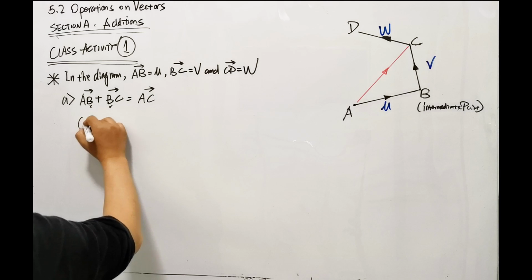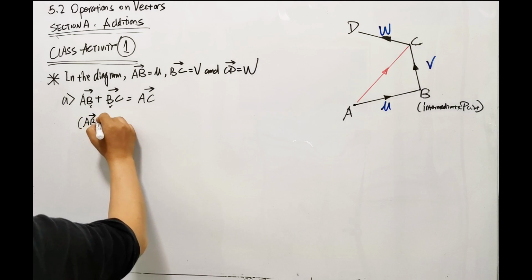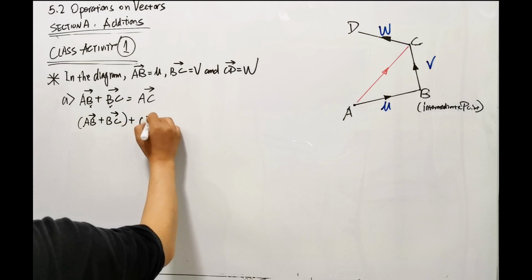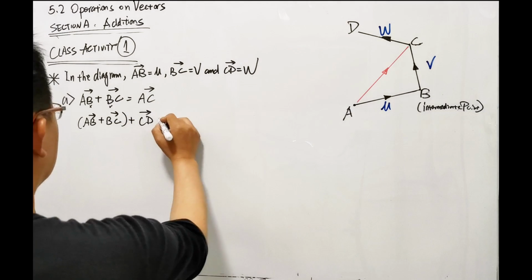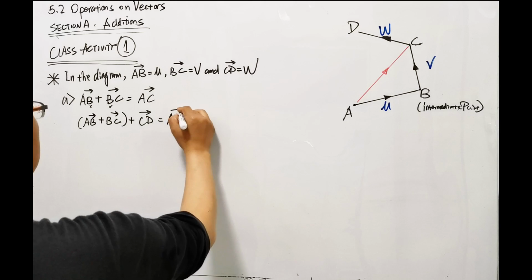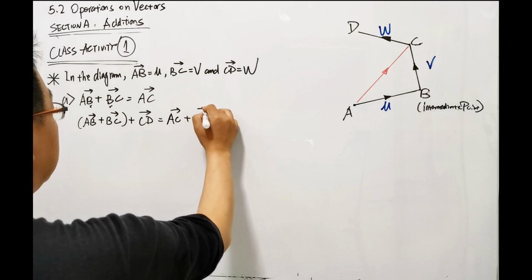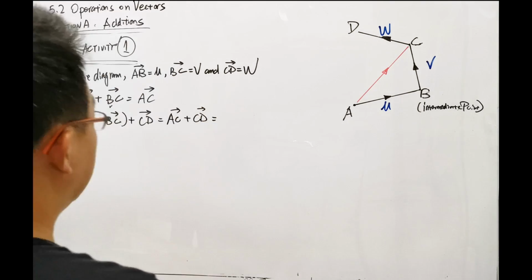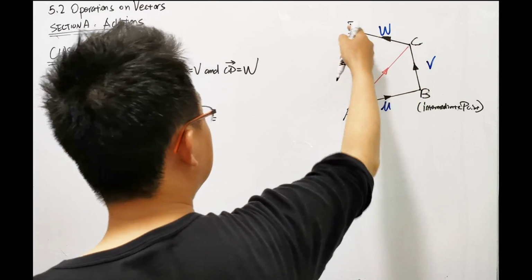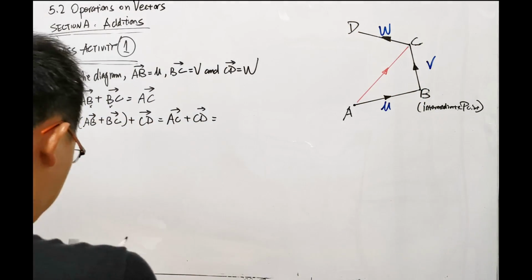The next question is AB plus BC, then plus CD. So we know this becomes AC. Now we put CD, same thing. Let's apply this: AC to CD, same triangle.